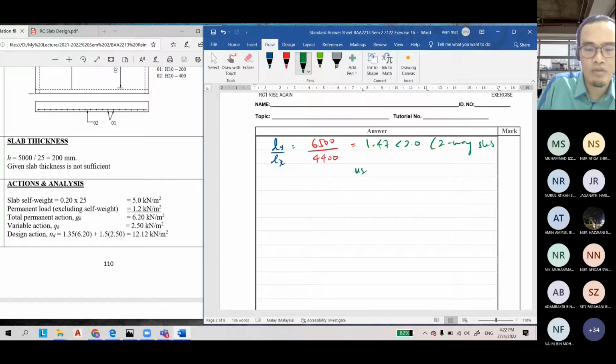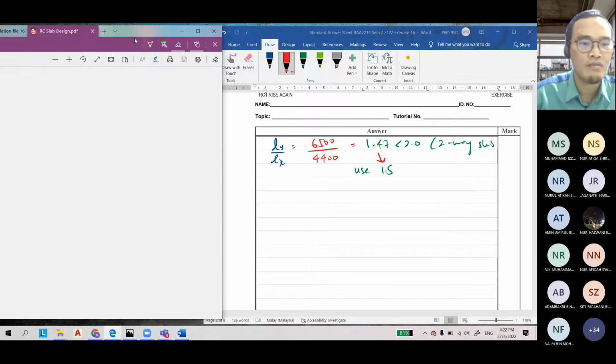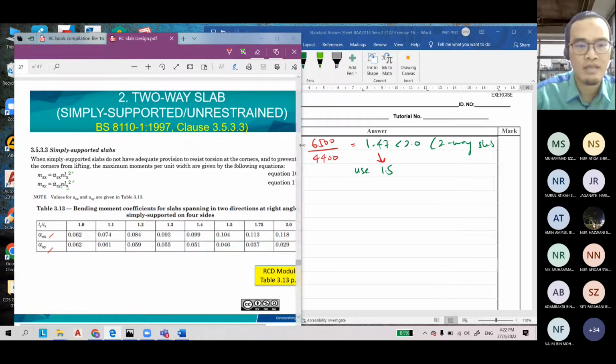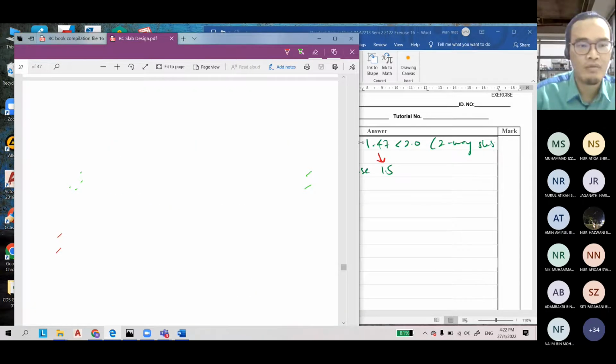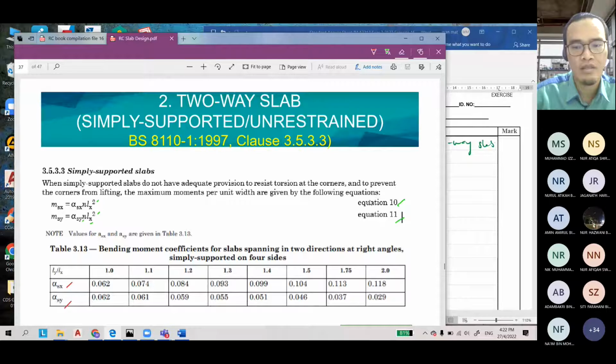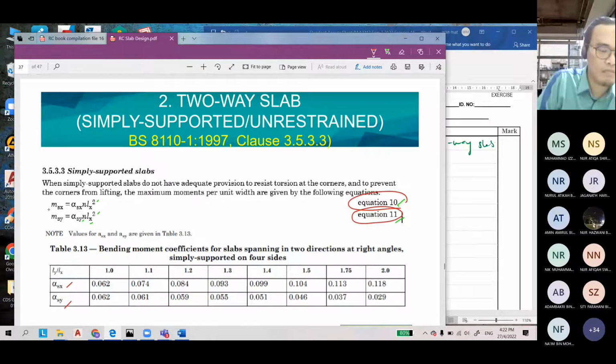You use 1.5. What is 1.5? You can refer to this slide of your slab design, the two-way simply supported slab. For simply supported, you can use equation 10 and equation 11 to determine the value of bending moment.